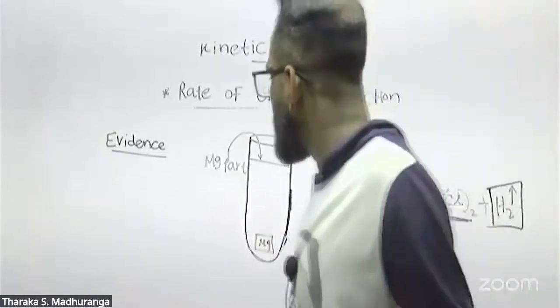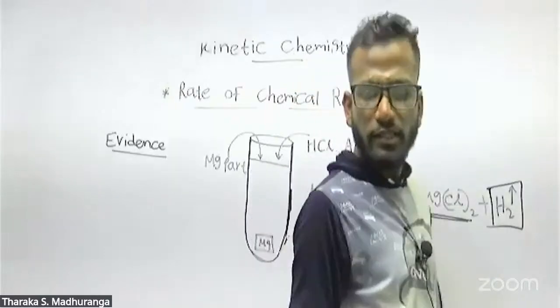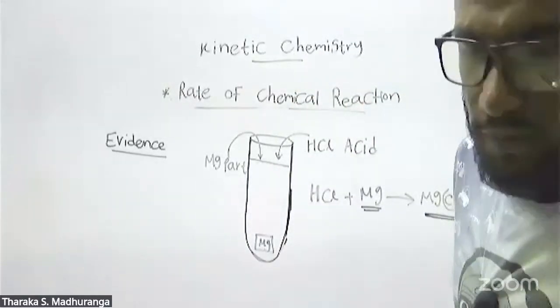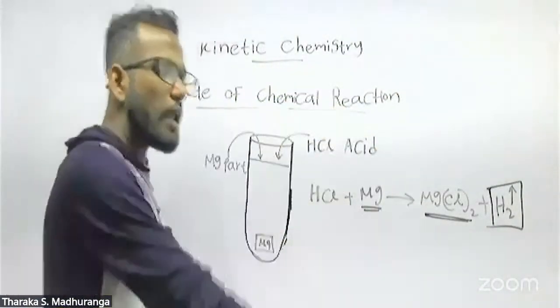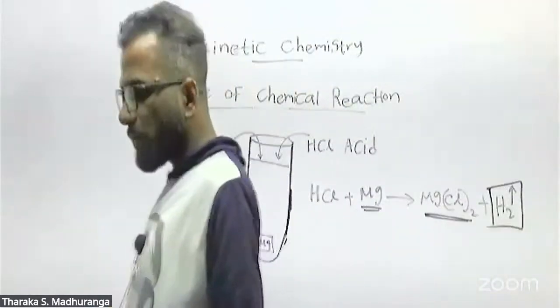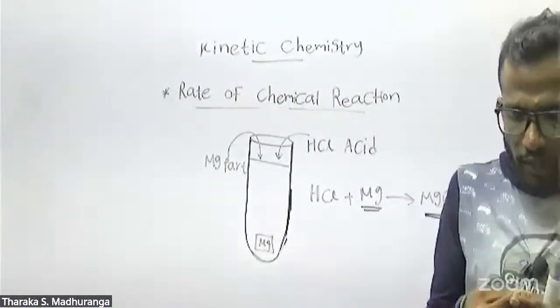Okay, from this evidence, can we identify the rate of chemical reaction? Can we identify the rate of chemical reaction from these observations or evidence? Our target is to calculate the rate of chemical reaction. Why do we discuss this evidence firstly in this lesson?